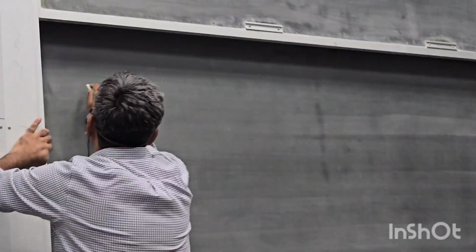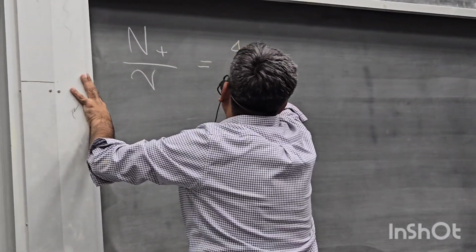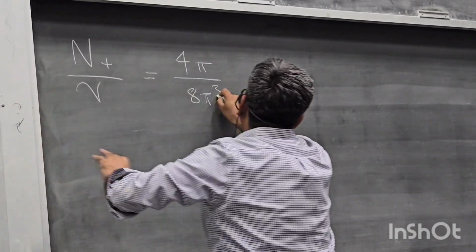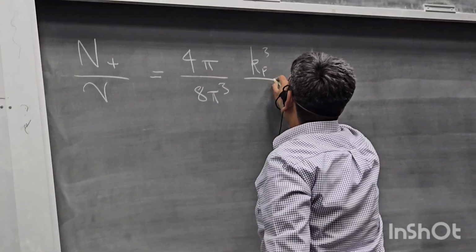Now if I calculate this integral, I get n plus over the volume is 4 pi over 8 pi cube, kF cube over 3.